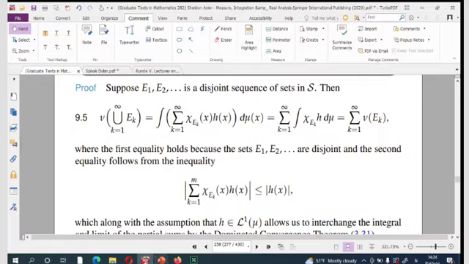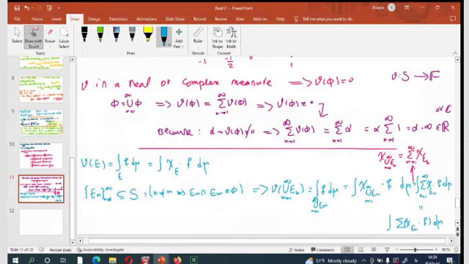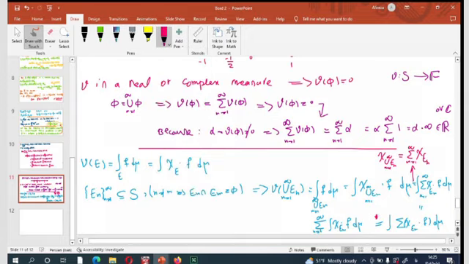But what is the reason for this? Why is this equal to this, the summation of integrals? It is very important. The reason for this is very important.